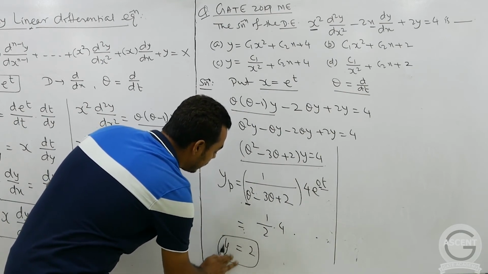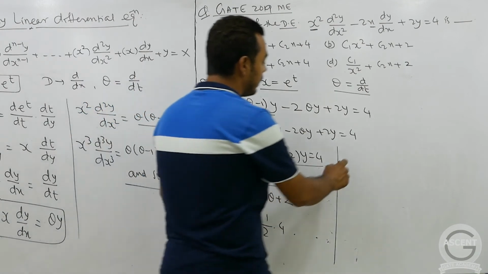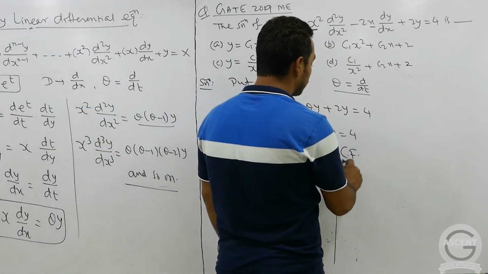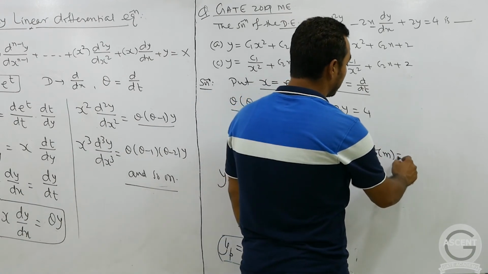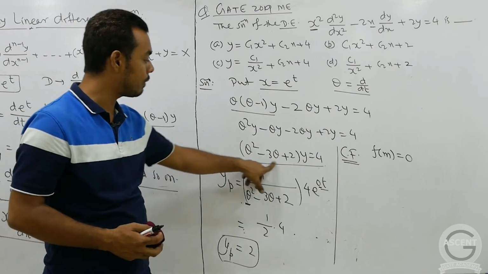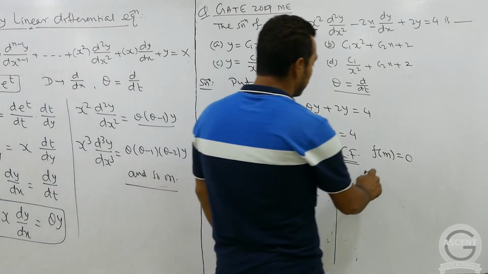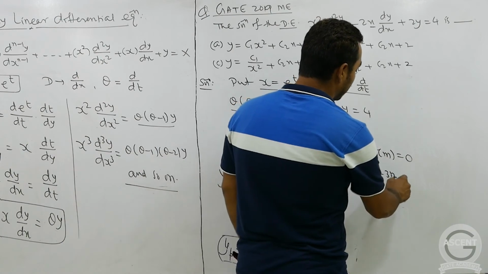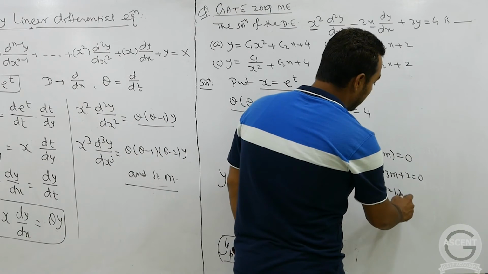Now next we need to calculate the complementary function. For the complementary function we have to solve the equation f of m equals 0. This is your f of theta. Now in place of theta we have to substitute m. So m square minus 3m plus 2 equals 0. This means m is 1 and 2.